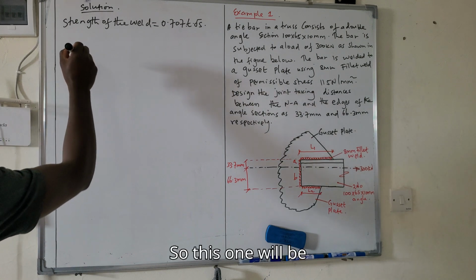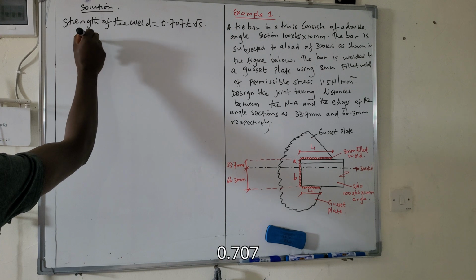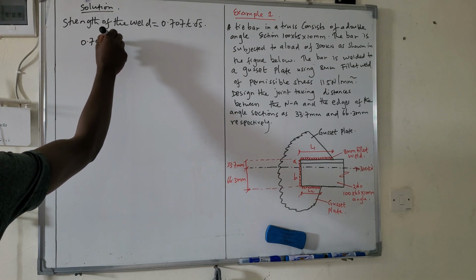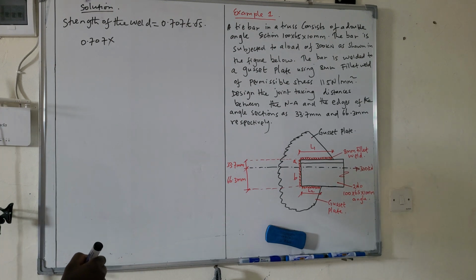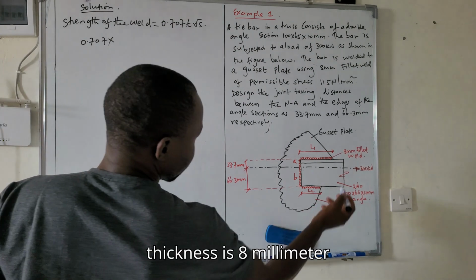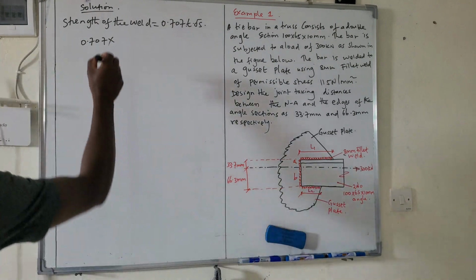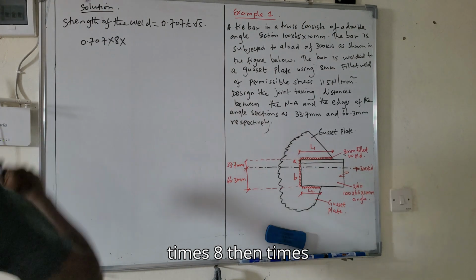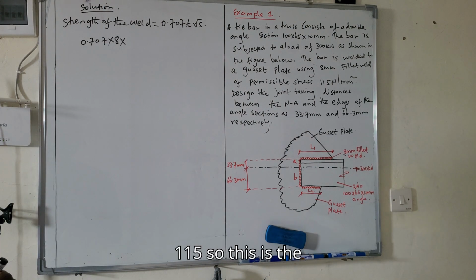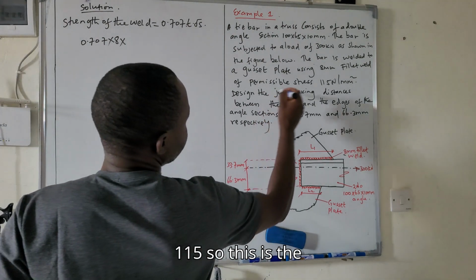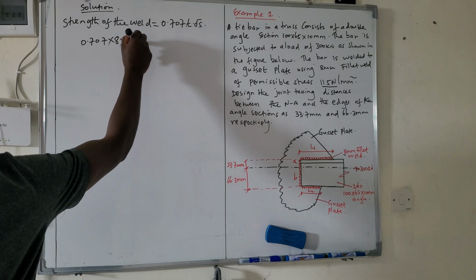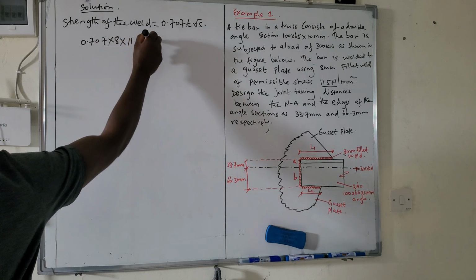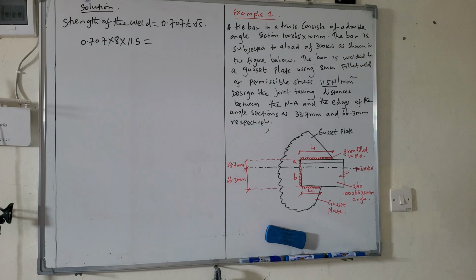So this one will be 0.707 times thickness. Thickness is 8 millimeter times 8, then times 115. So this is the permissible stress, 115.